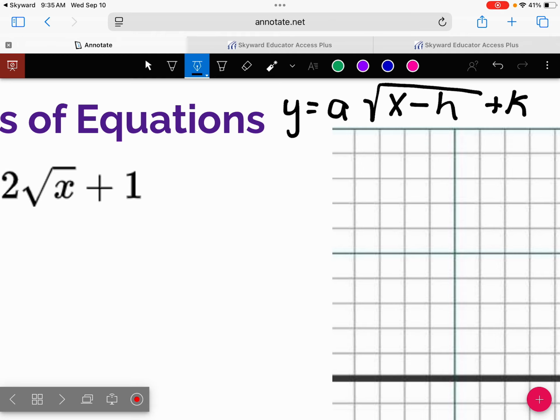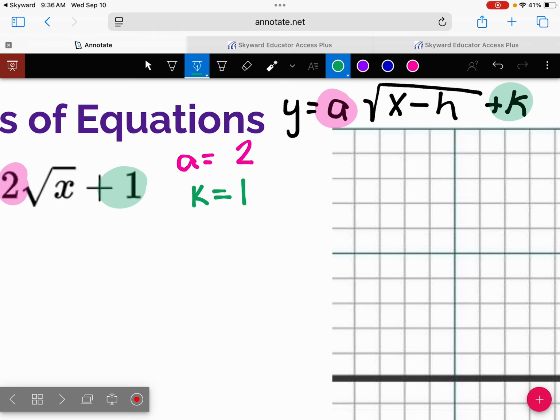We have a and we have k. What is our a? 2. That's the number multiplied out in front. A will always be multiplied out in front. What is our k? Positive 1. So our a is a positive 2. Our k is positive 1.